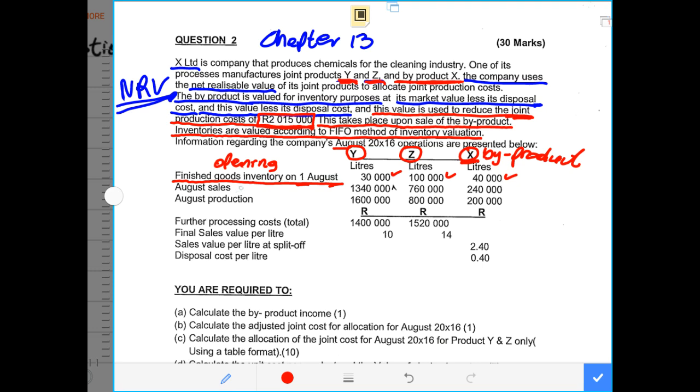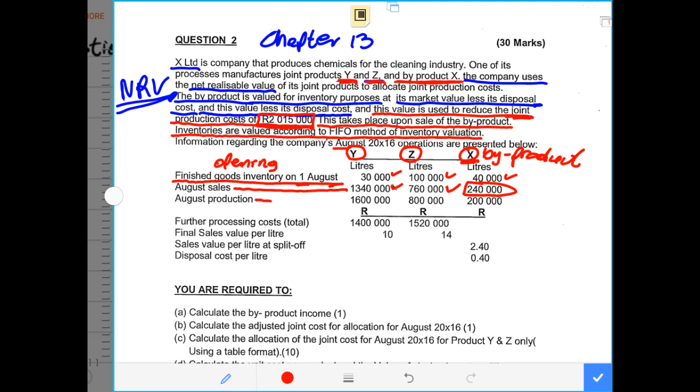And in August, we are told that we sold 1,340,000 units of product Y, 760,000 units of product Z, and 240 units of product X, which is a byproduct. Remember, the revenue from the sale of these units will be used to reduce our joint cost of 2,015,000 rands.